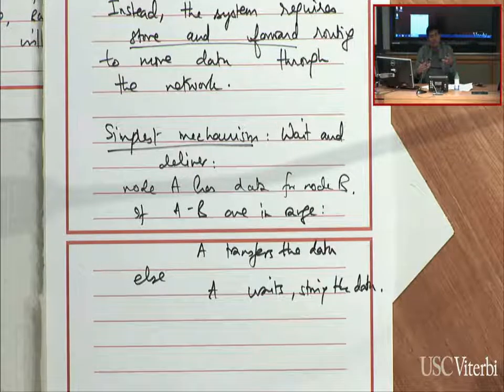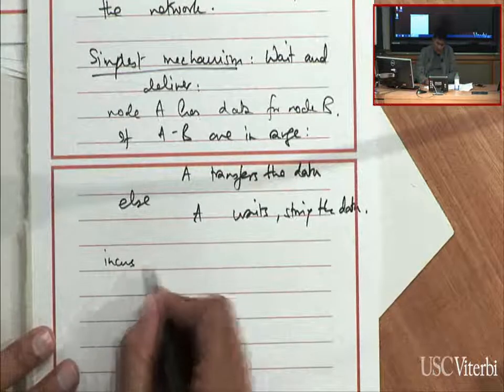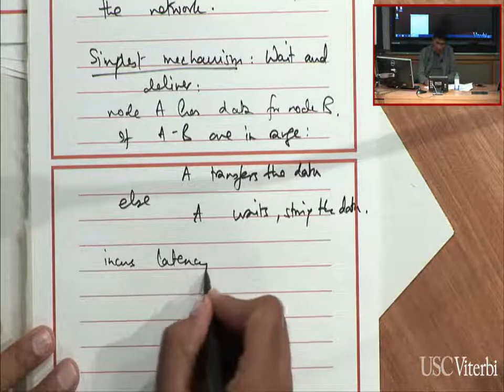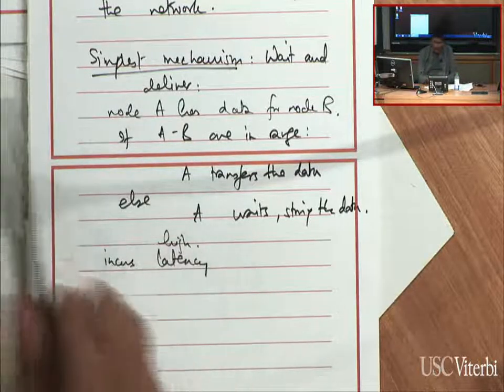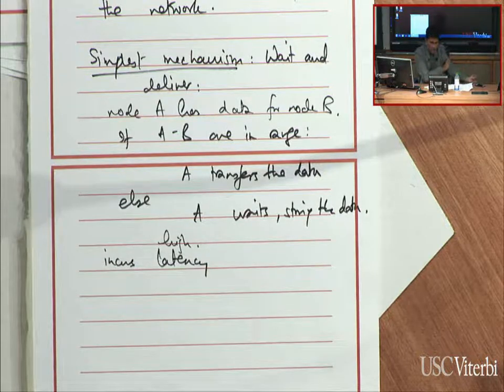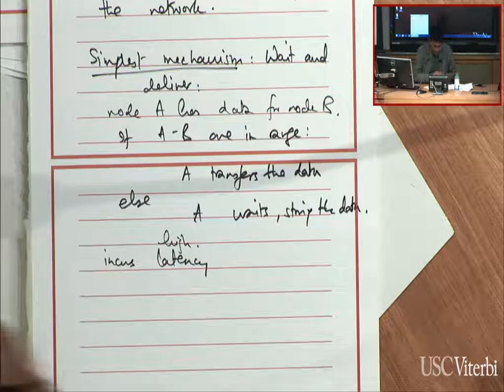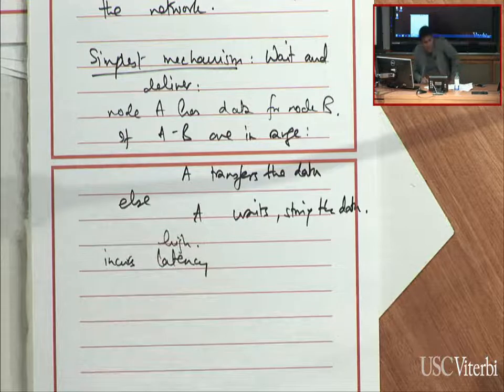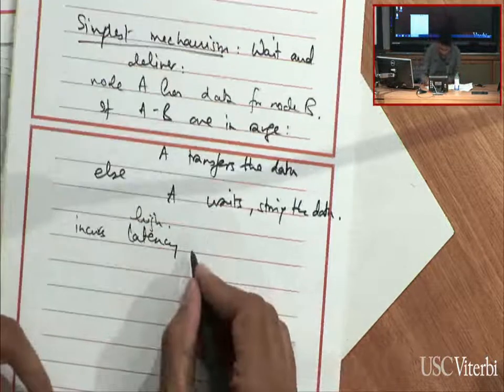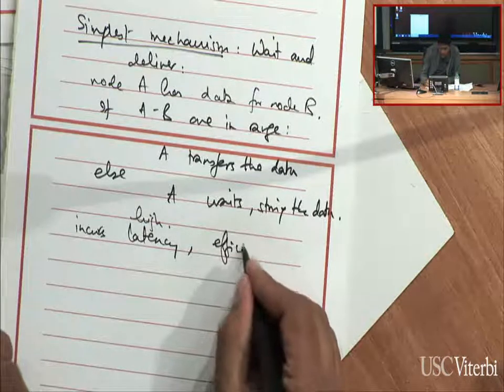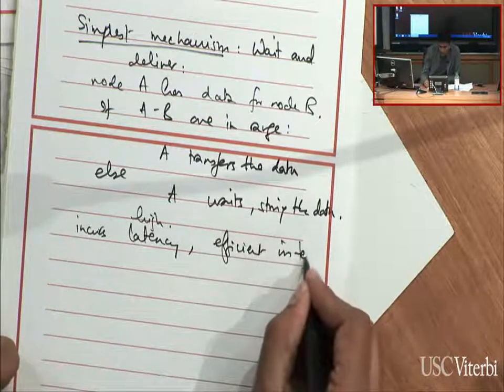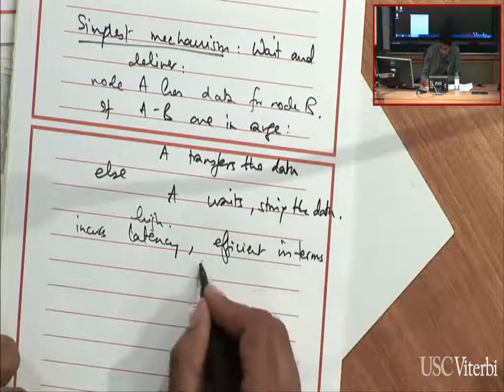There's not enough remote communication capability. You have to incur latency in order to communicate data to who you want. Now, this mechanism does incur latency, but clearly one benefit is that it's efficient in terms of number of messages, in terms of number of transmissions.